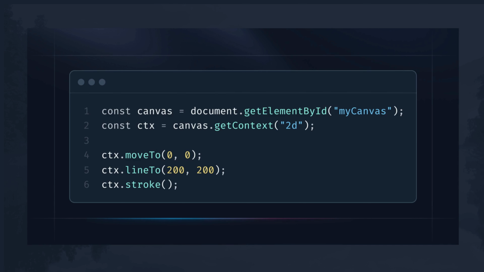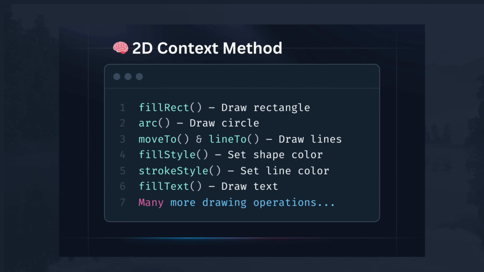document.getElementById with myCanvas gets the canvas element, and getContext('2d') gets the 2D drawing context. The 2D context is the main object that provides methods for drawing on the canvas, such as drawing shapes, fillRect for drawing a rectangle, arc for drawing a circle, and so on.